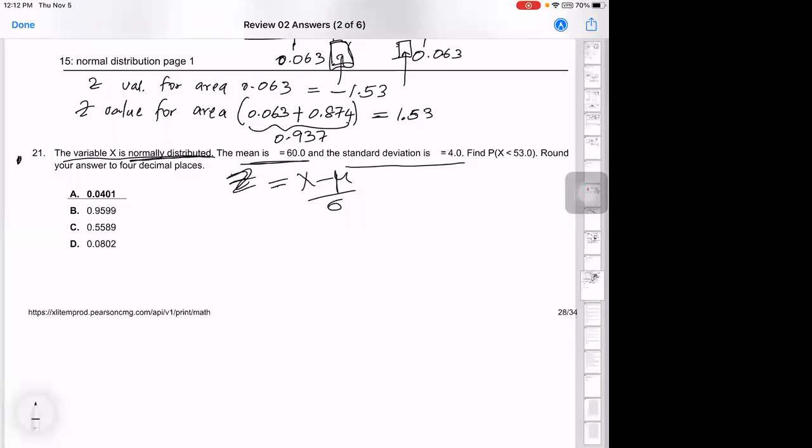You have to use exactly this formula to find this probability. So you convert x to C using x minus mu divided by sigma. With mean 60 and standard deviation 4, your value is 53, so 53 minus 60 divided by 4.